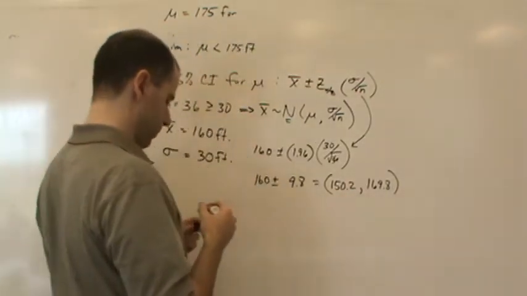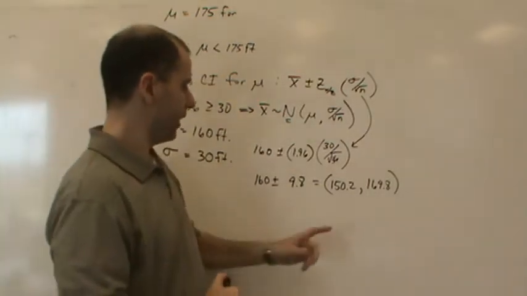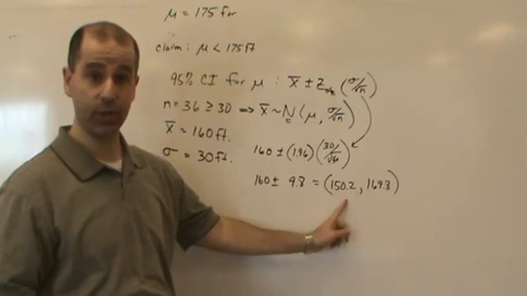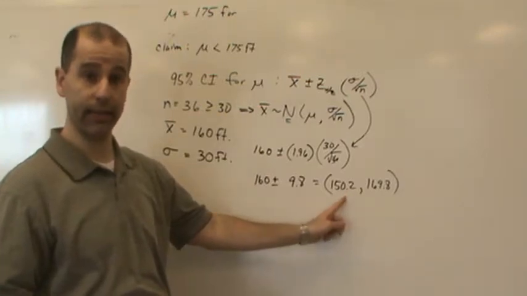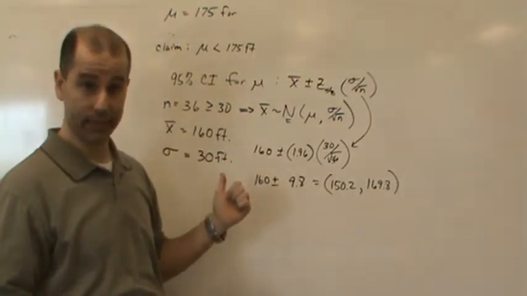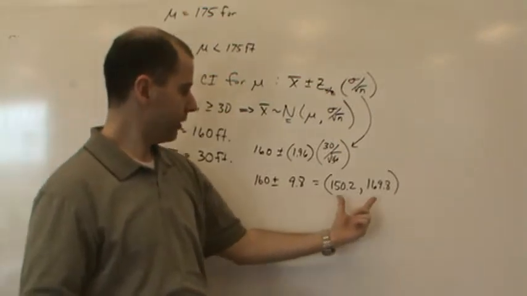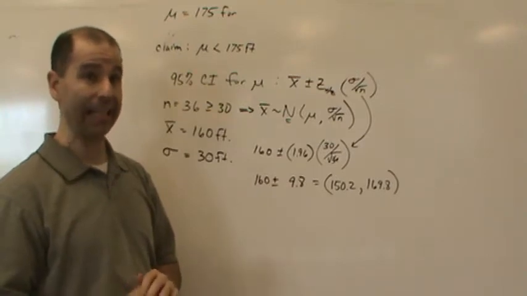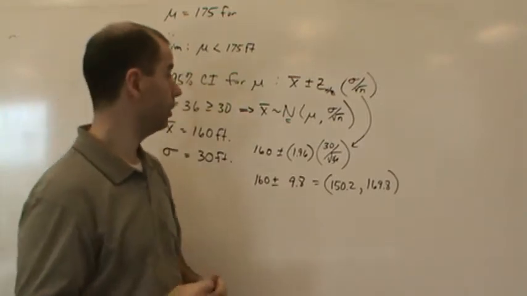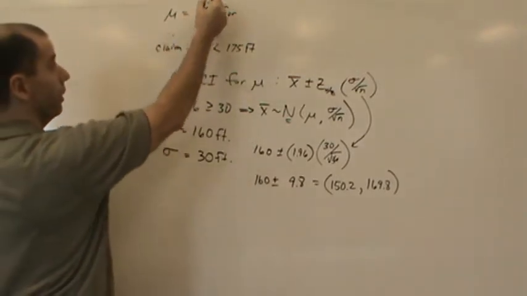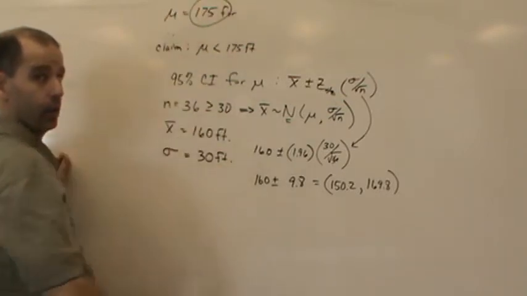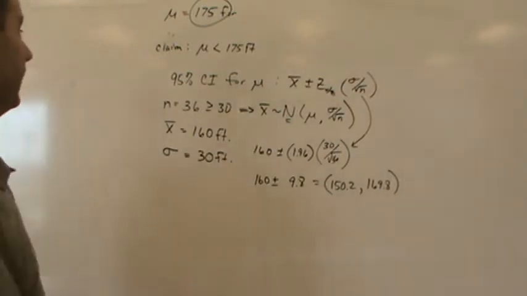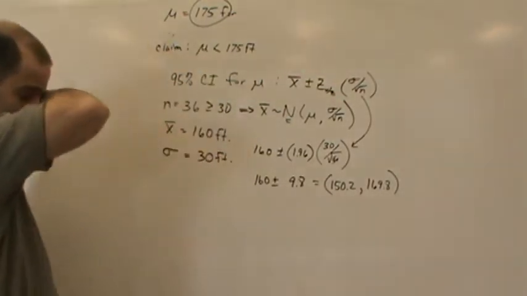So what does this mean? Well, this is the 95% confidence interval for the true average braking distance for all cars like these based on the new braking system. Now, what number is conspicuously not in this interval? The 175. That's not in the confidence interval.